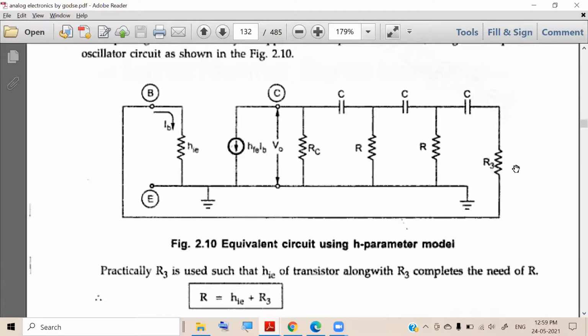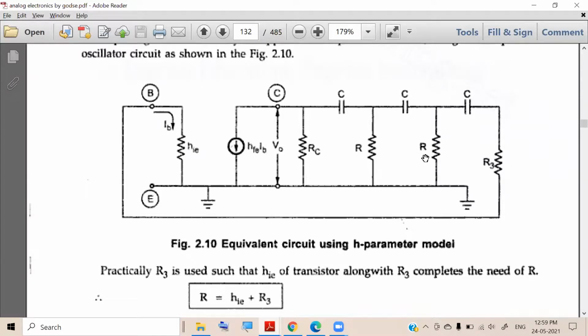The third stage will not be identical to the two stages. 60 plus 60 plus some other value will be more than or less than 180, so that will not satisfy the condition for oscillation, which is 360 degrees. That is the reason R3 plus HIE is considered, and we call that R, which is equivalent to the R in the first and second stages.